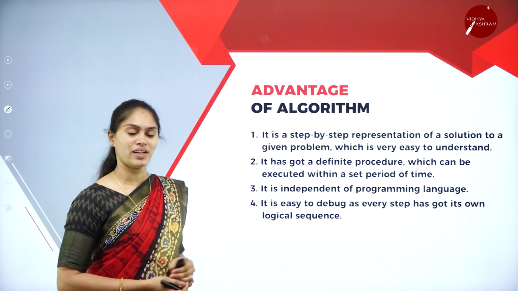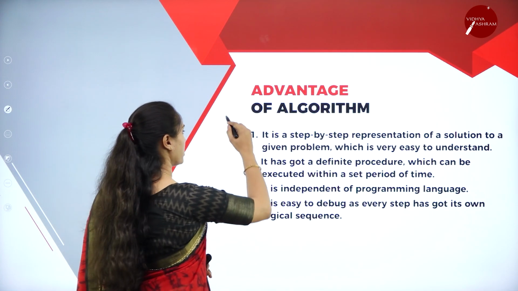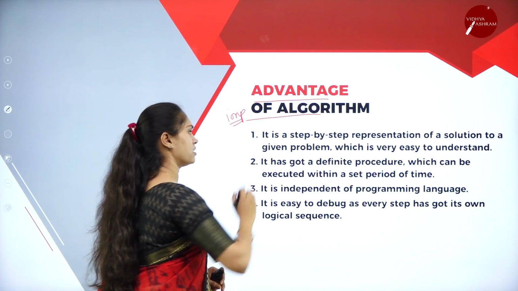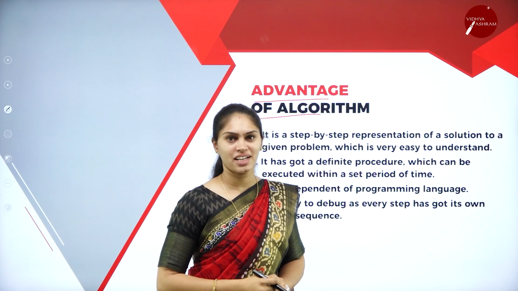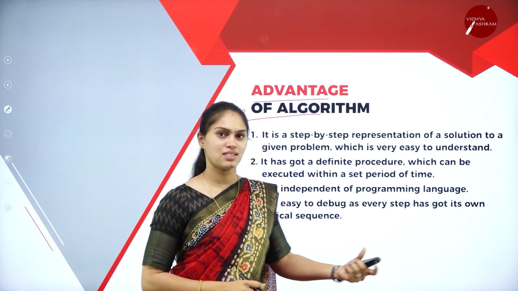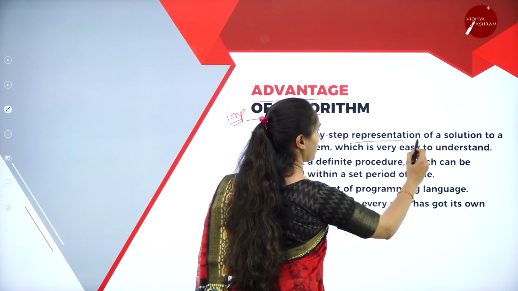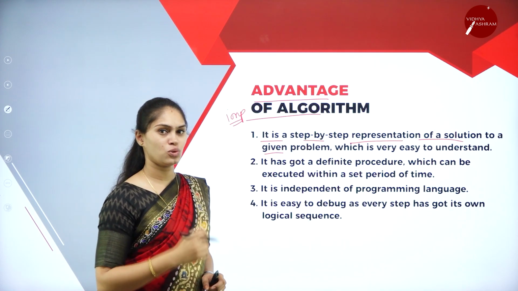So now we'll see what the advantages of an algorithm are. A very important question. We know what an algorithm is and how to write one, so what advantages do we have when we use it? It is a step-by-step representation of a solution to a given problem, which is very easy to understand.